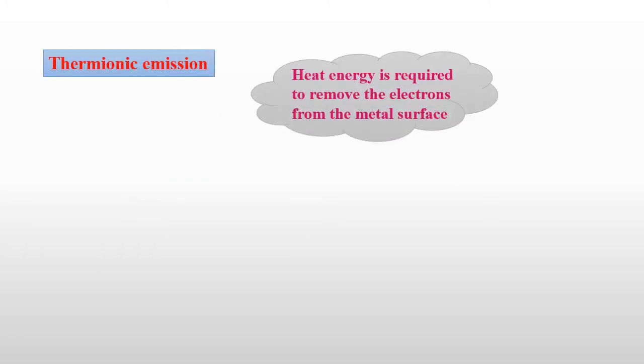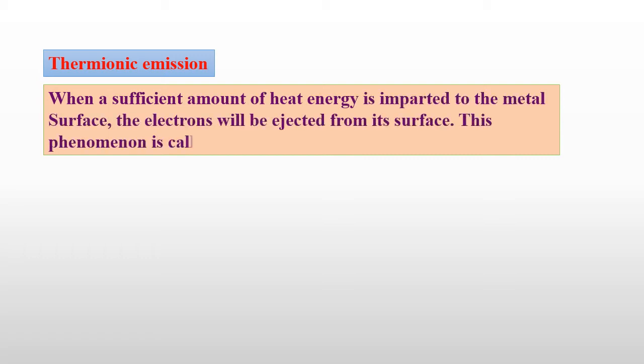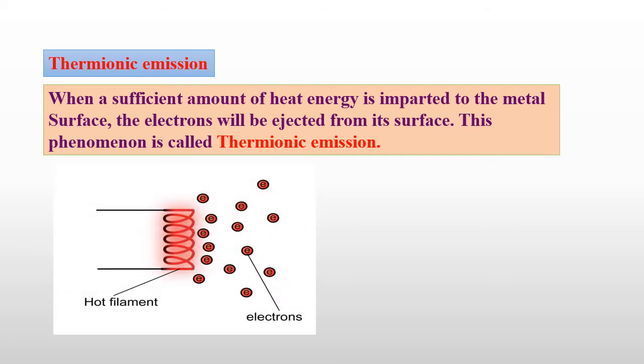In the first one, thermionic emission, heat energy is required to remove the electron from the metal surface. When a sufficient amount of heat energy is imparted to the metal surface, the electrons will be ejected from the surface. This phenomenon is called thermionic emission, and the electrons emitted are called thermions.